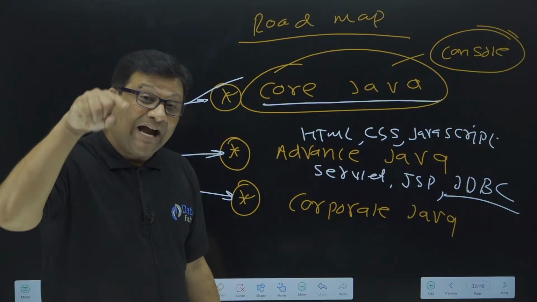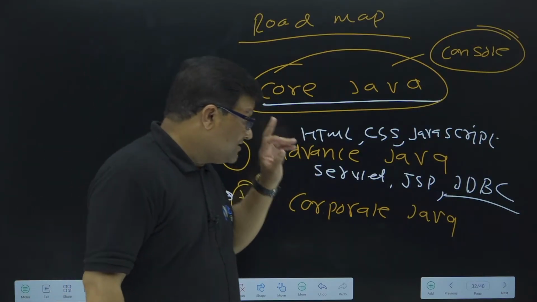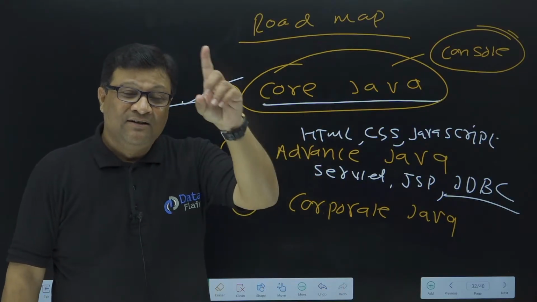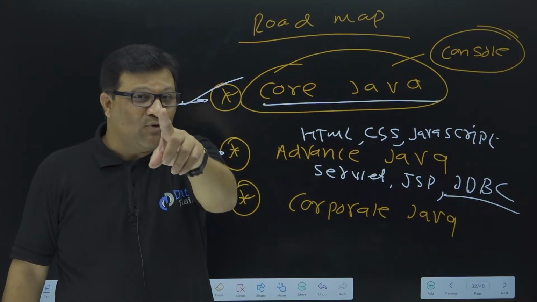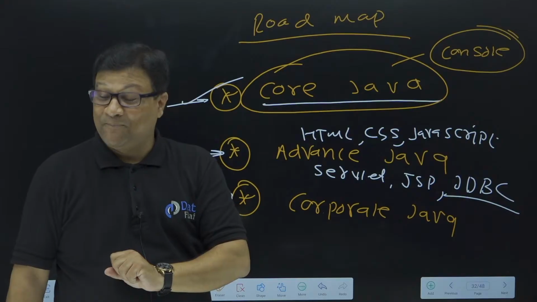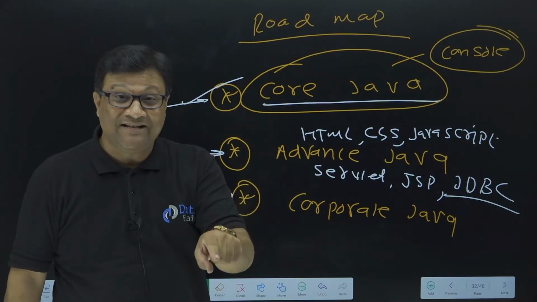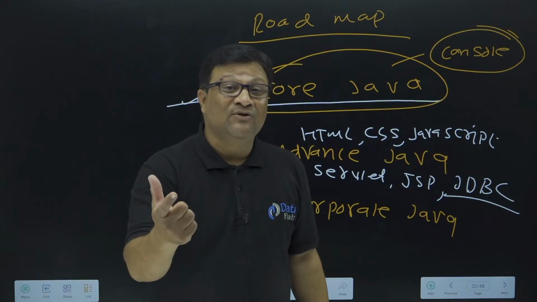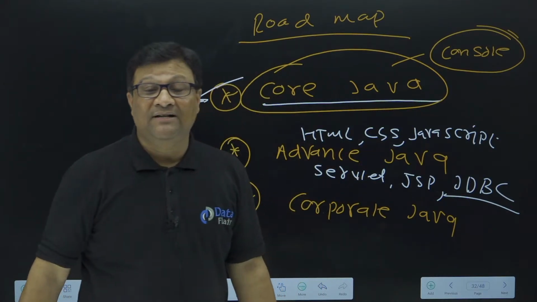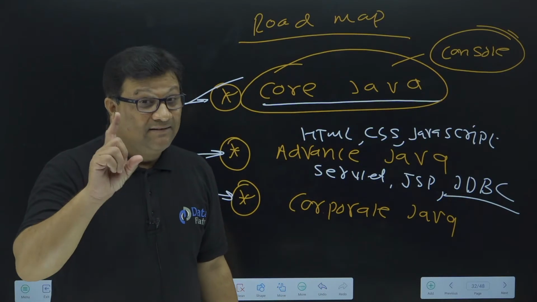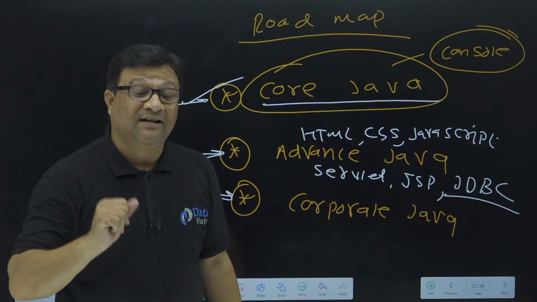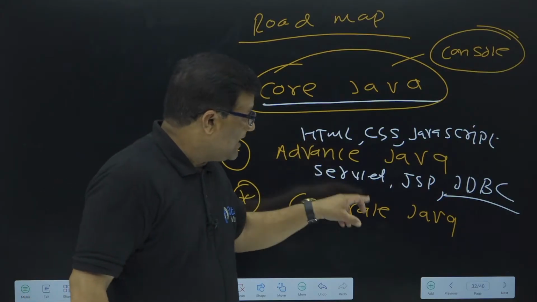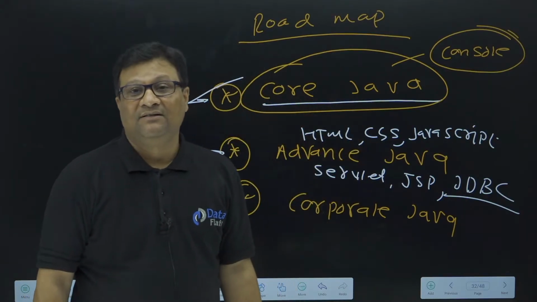So when I teach JSP, Spring Boot, or Hibernate, it's a crime to ask me at that time what multi-threading is. Please listen very carefully, because what multi-threading is, you have to understand in core Java. When I implement this multi-threading concept in my advanced and corporate Java sessions, please don't ask me what multi-threading is, sir, why use try-catch, or what exception handling is, because for that you have to understand core Java first.